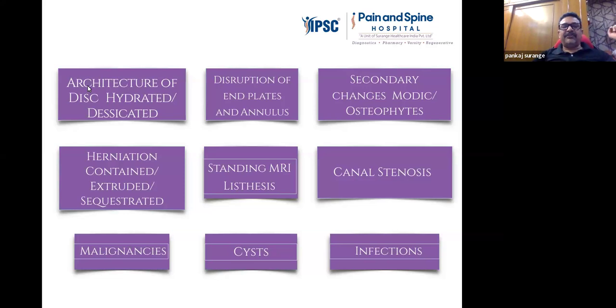So MRI will show the architecture of the disc, whether it is a hydrated disc or a desiccated disc. Okay, why is it important? Because if it is a hydrated, contained disc, we may go for some interventional procedures which are very minimally invasive. If it is a desiccated disc, these desiccated discs usually look more horrible on MRI, but they are not painful.